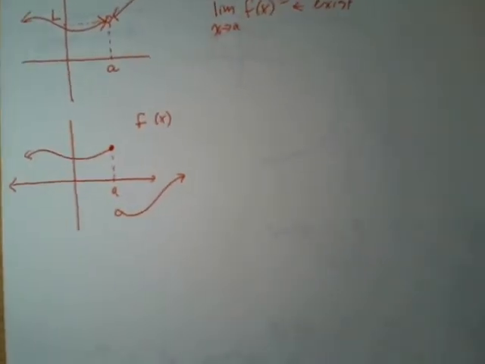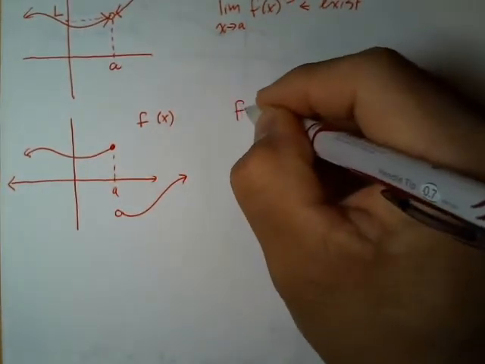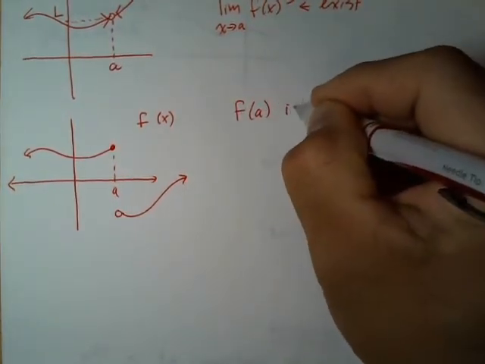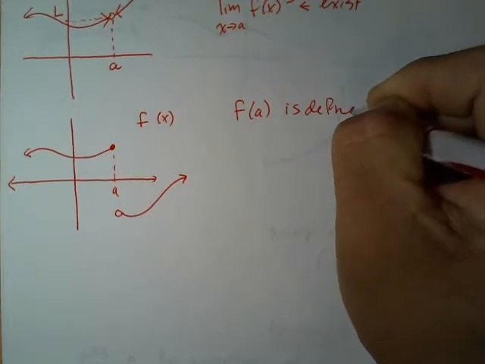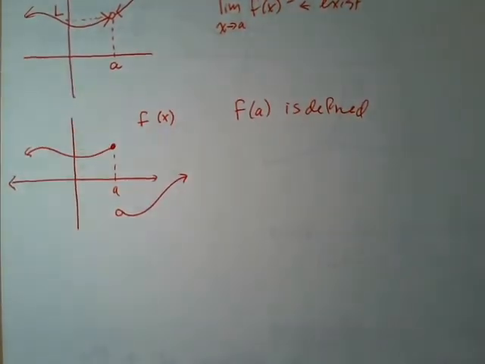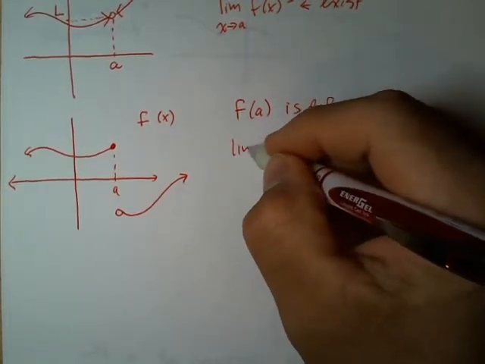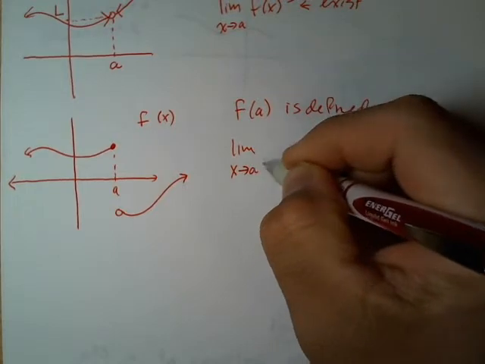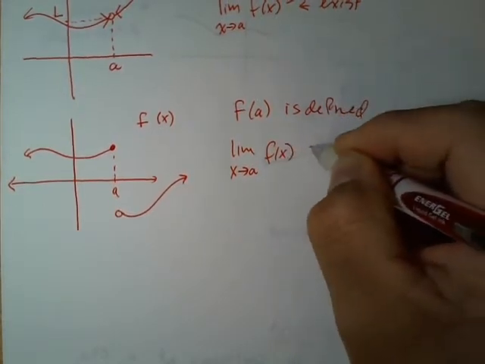In this case, f of a is defined; it takes on that value there. But the limit as x approaches a of f of x is undefined.